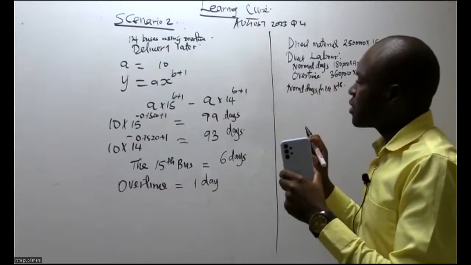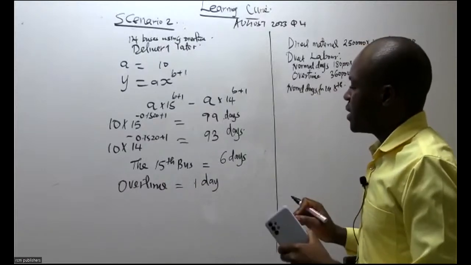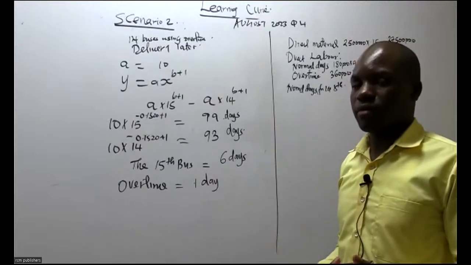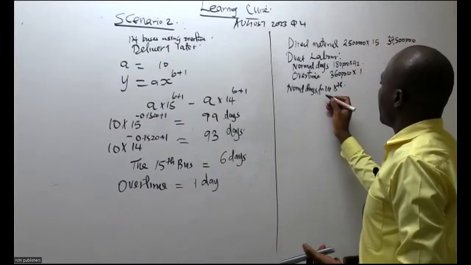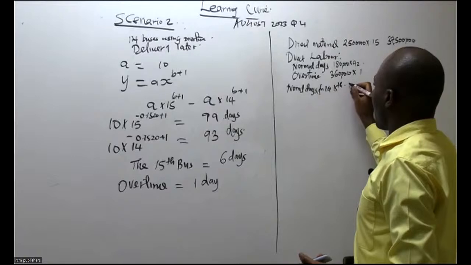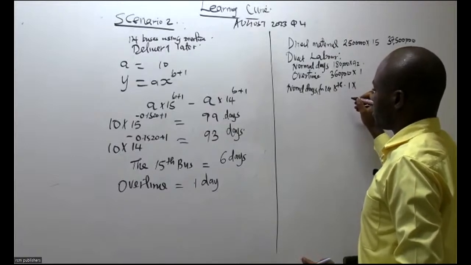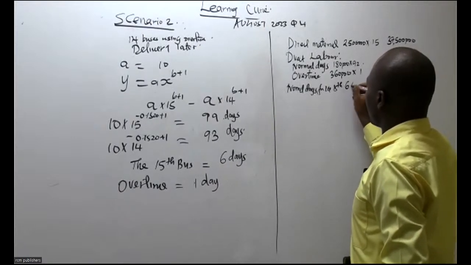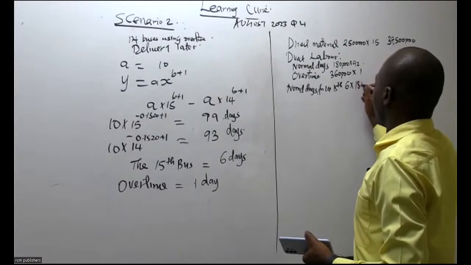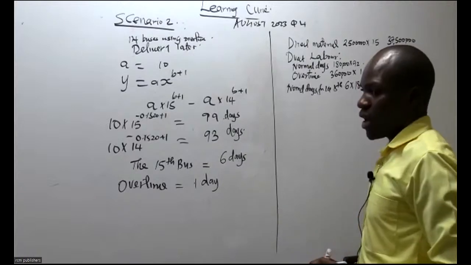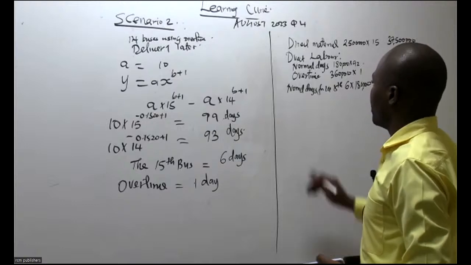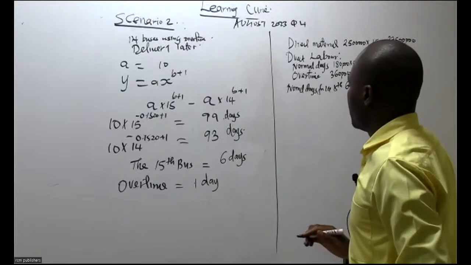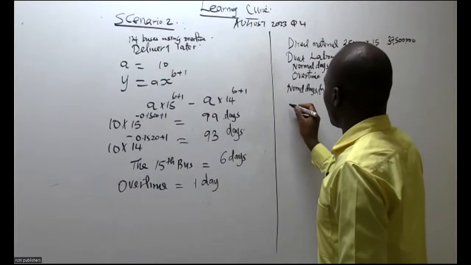You are going to deliver it later, yes, but just during the normal working hours. So I'll be taking that one bus, multiplied by the number of days, which is 6, multiplied by the normal rate per day. So that one will give me the direct labor.